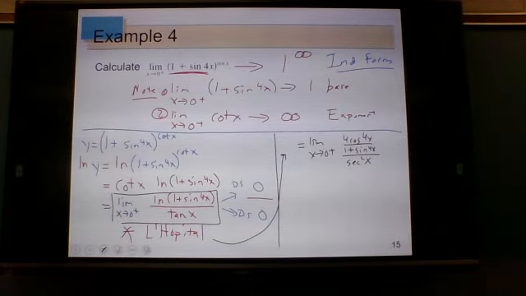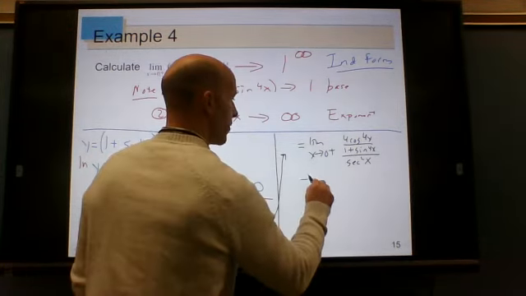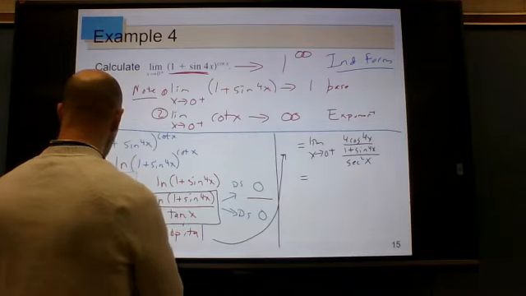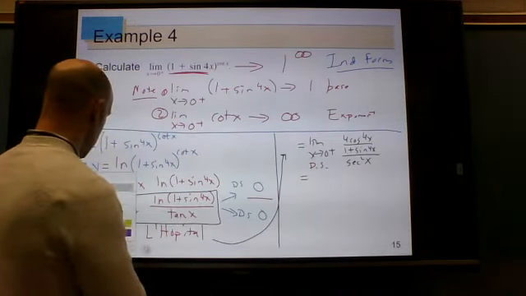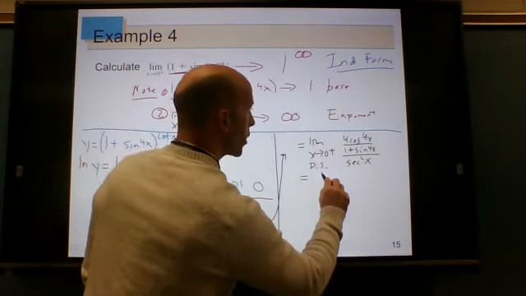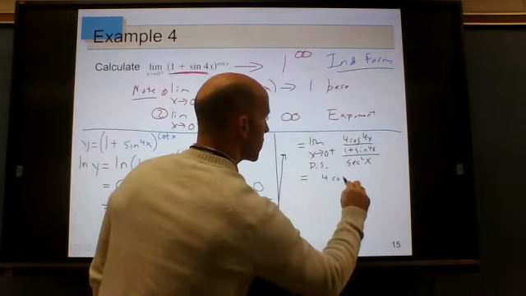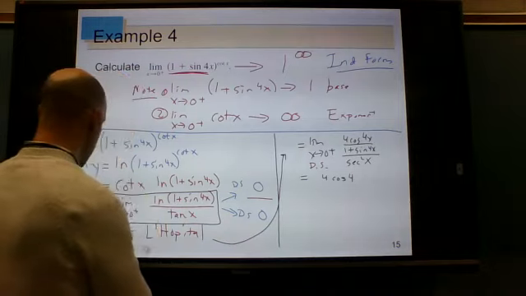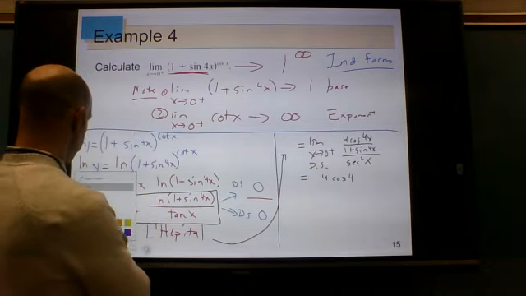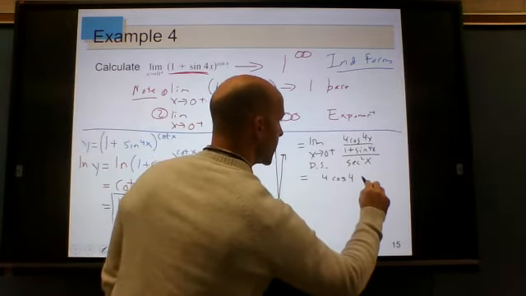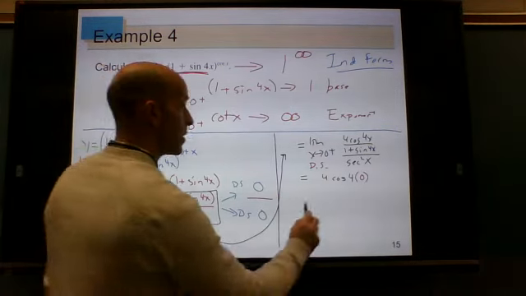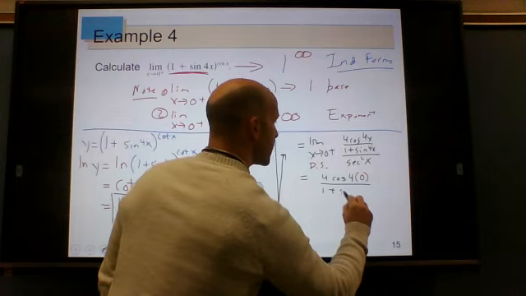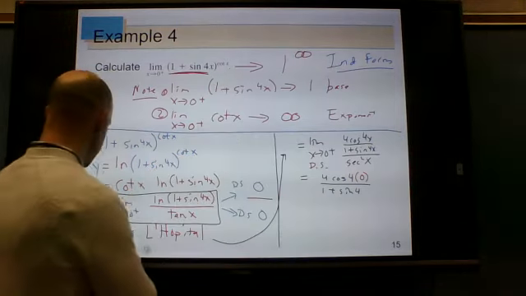All right, so now we just got to plug things in. We're going to now do direct substitution. In fact, let me write that in red. I'm going to just do direct substitution now. And so here we go. We are going to have 4 cosine 4, and instead of x, I'm going to put a 0. And then we're going to have 1 plus sine 4, and then again a 0.